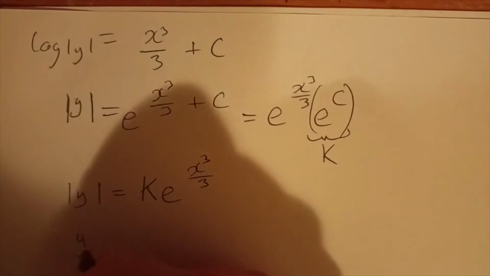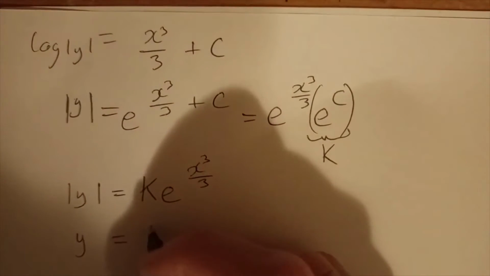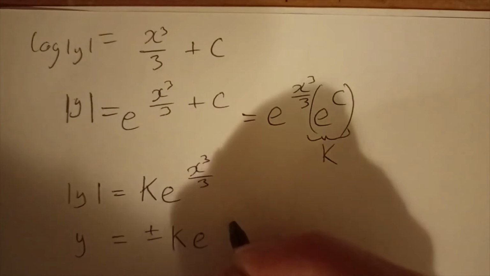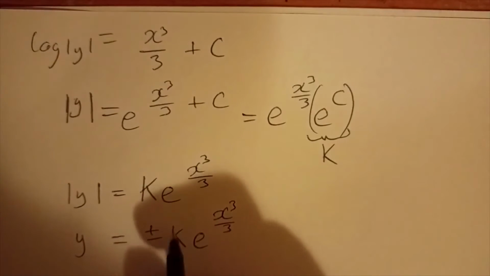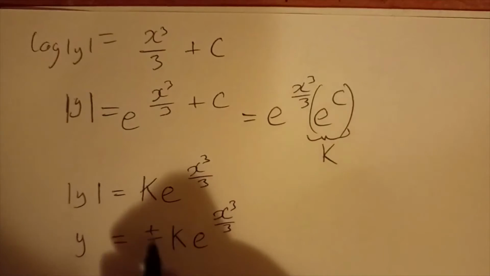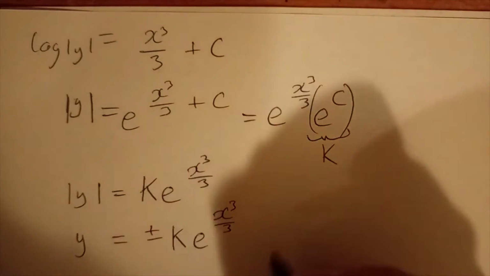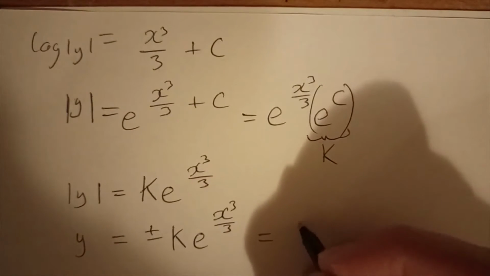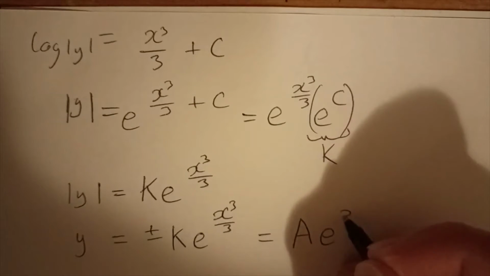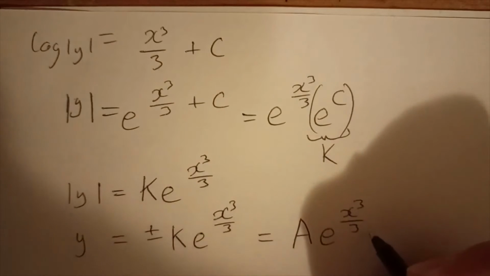So to account for that, we can just write plus or minus k e to the power x cubed over 3. But plus or minus k is itself some constant, so we can just rewrite that as some other constant a times e to the power x cubed over 3.